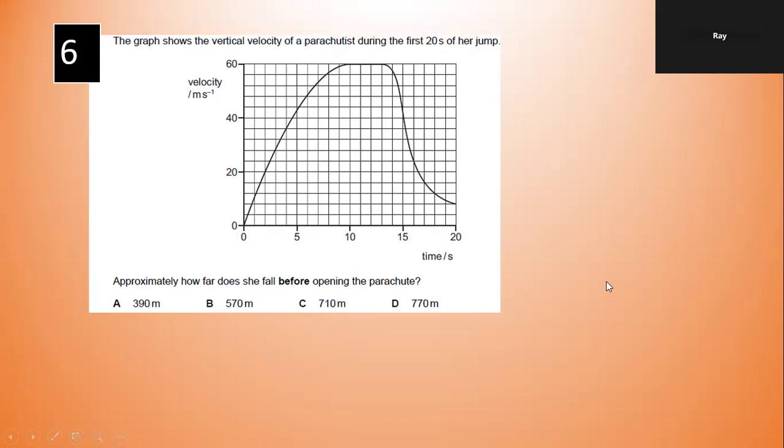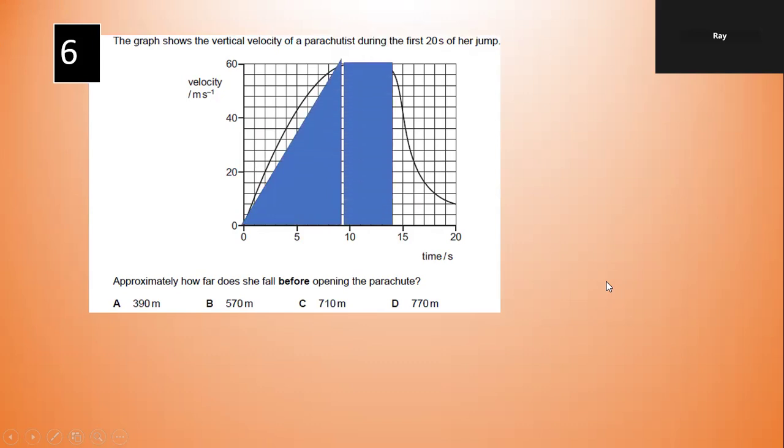So you are expected to approximate by drawing the area under the graph. Approximate with triangle and rectangle. It's an underestimate. We have removed this part and added a bit here, that's all.